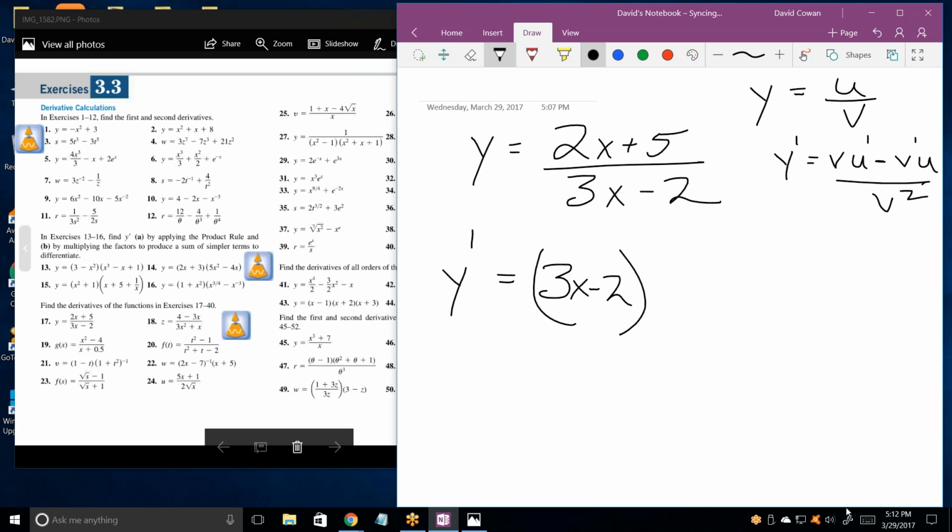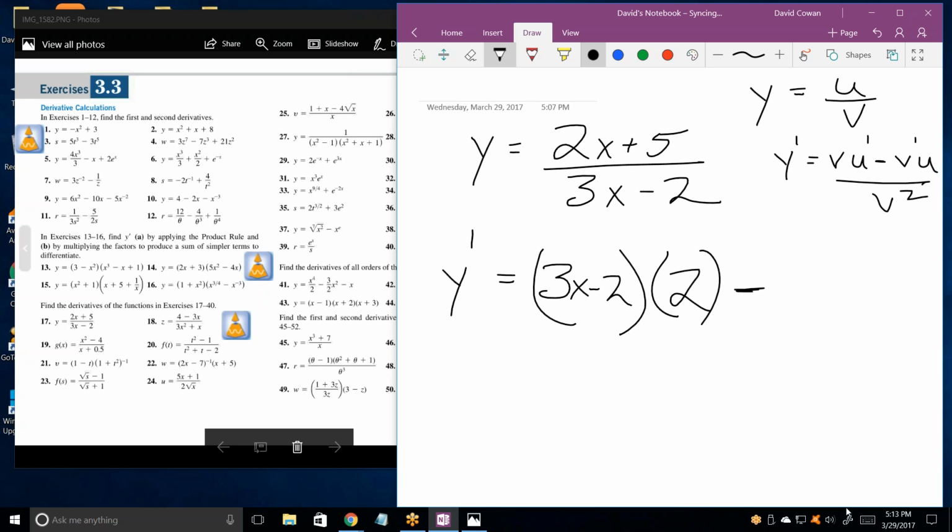So we've got the bottom. Now what's u prime? What's the derivative? That would be the derivative of the top. So the 5 would disappear, leaving the 2x. Just 2. That's okay. The derivative of 2x plus 5 is 2.